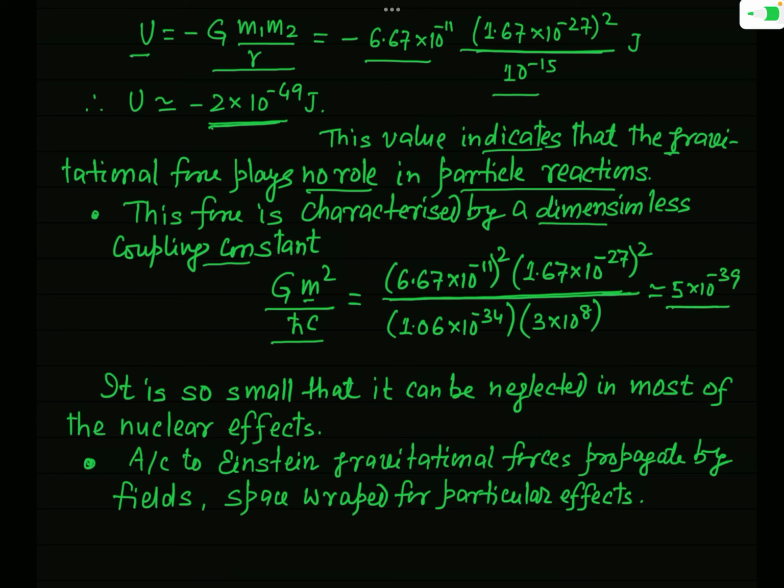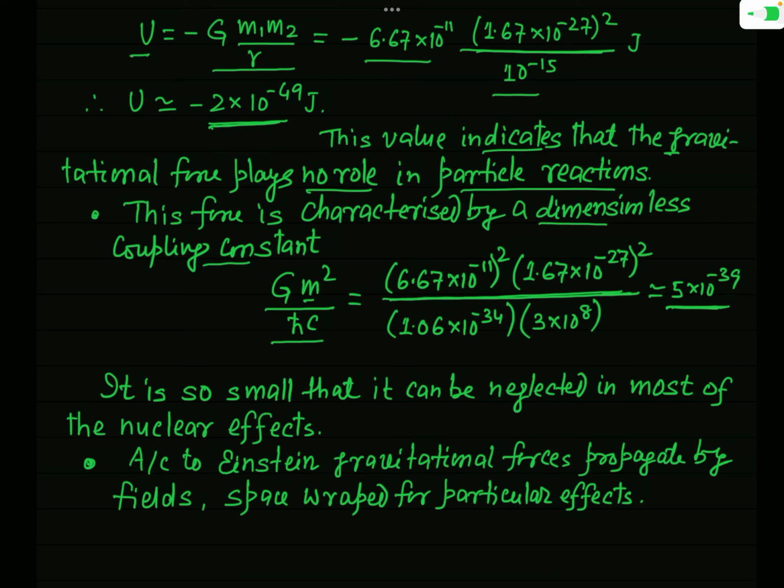Can you imagine what this value is? This dimensionless coupling constant for the gravitational interaction is very small. It is a negligible number. It is almost zero.